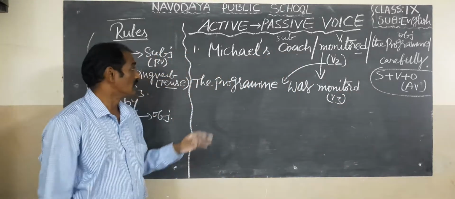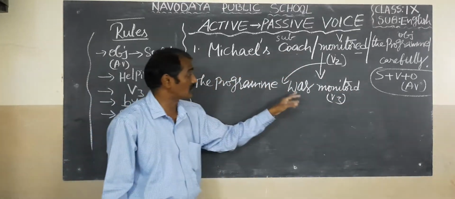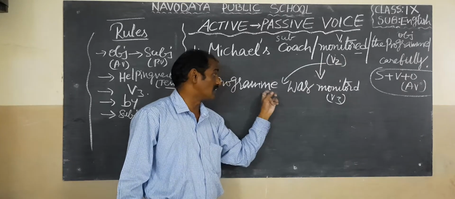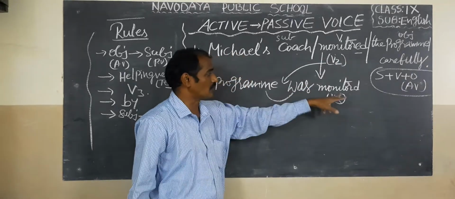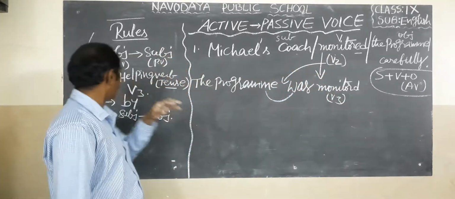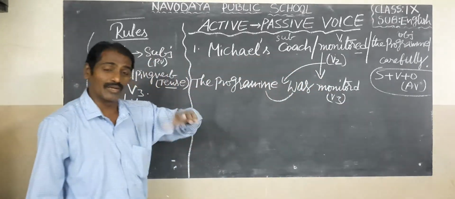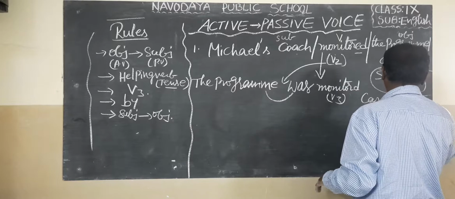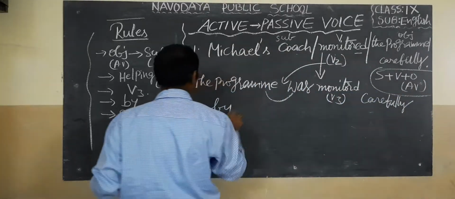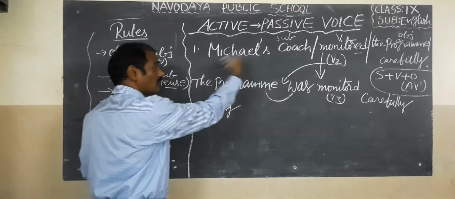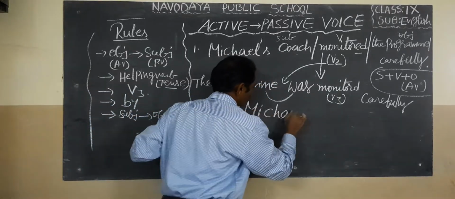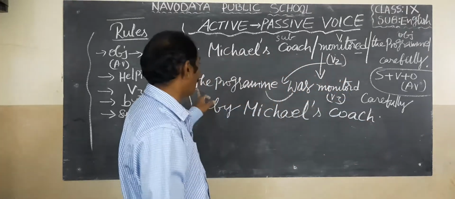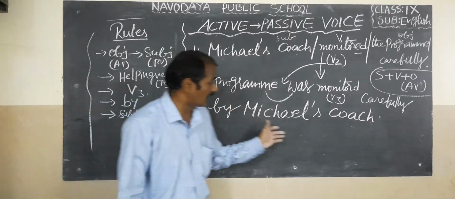So the object became the subject, the program, then was, then monitored. Carefully stays after that. Next, the fourth rule is by. The subject becomes the object. The subject is Michael's coach. So the sentence is: the program was monitored carefully by Michael's coach.